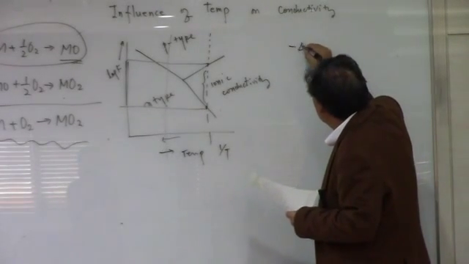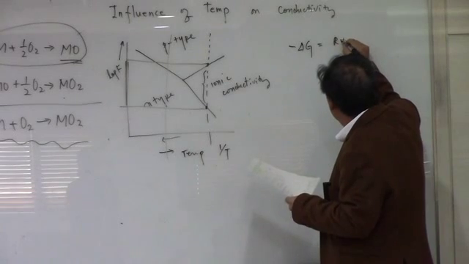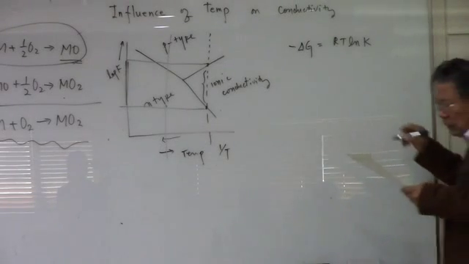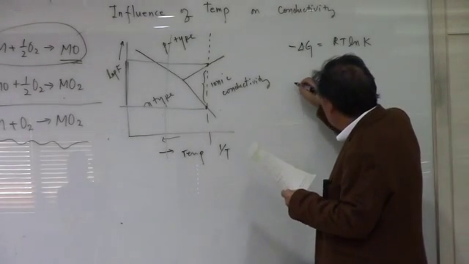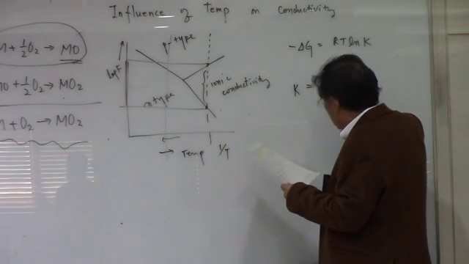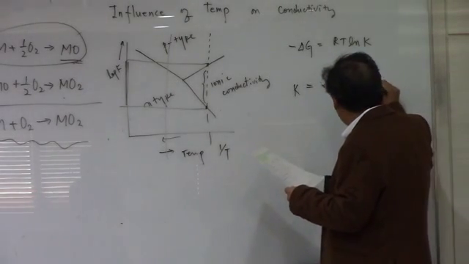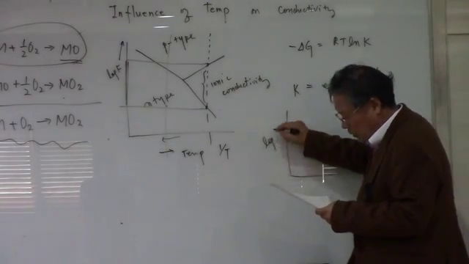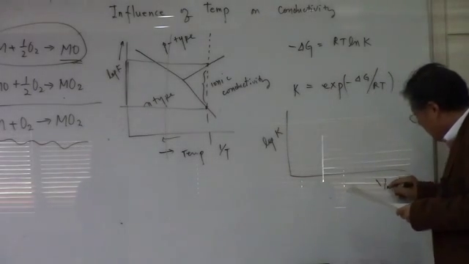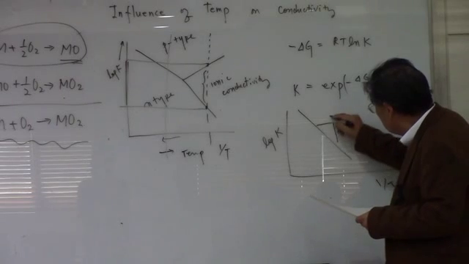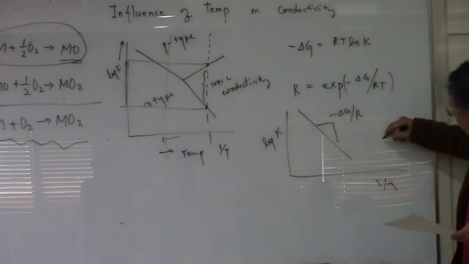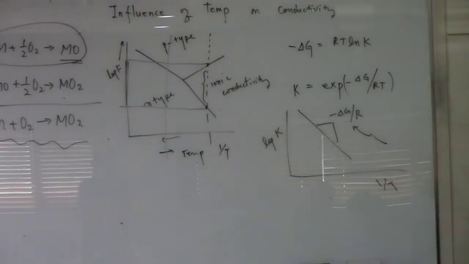And also, we have seen that the reaction constant is related to the free energy changes, so that K is going to be the exponential of minus delta G over RT, and that is the Arrhenius type plot, log K versus 1/T. Then we're going to have a straight line, and this straight line is related to the delta G of the reaction, where we usually call this in the Boltzmann term, the activation energy of the reaction, right?